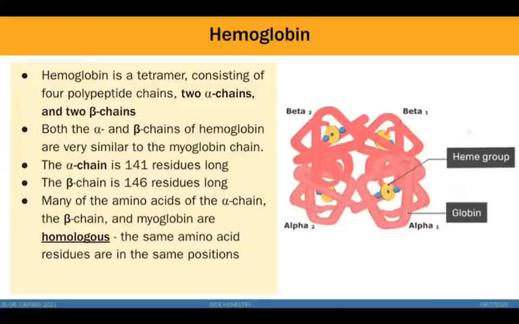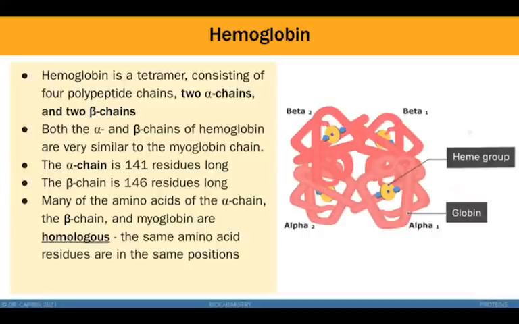Now, hemoglobin is a tetramer consisting of four polypeptide chains. We have two identical alpha chains and two identical beta chains. Both alpha and beta chains of hemoglobin are very similar to the myoglobin chain. The alpha chain of hemoglobin is 141 residues long, and the beta chain is 146 residues long.